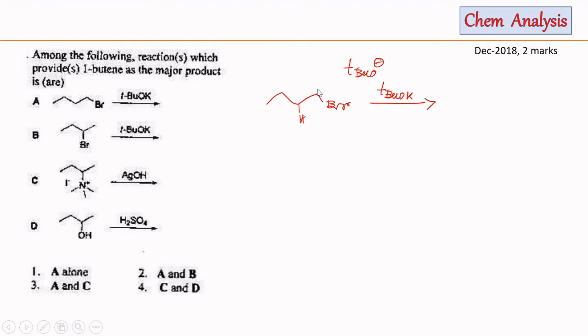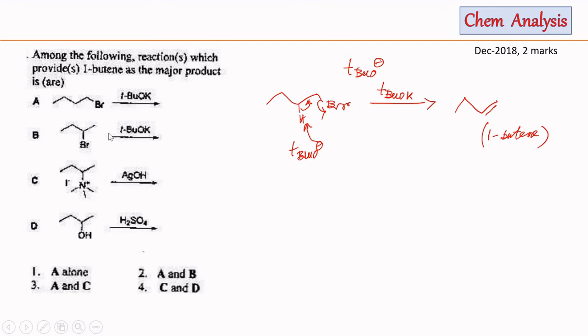Since this is alpha, then this will be beta, and if it abstracts this acidic proton, it will form a double bond here and bromide will be eliminated, and it will lead to the formation of 1-butene, and it will be the major product for this reaction.